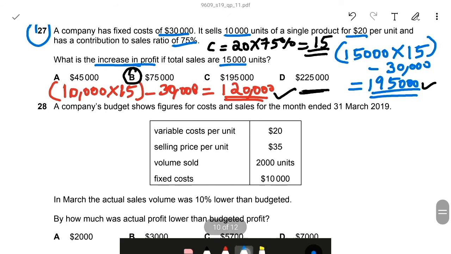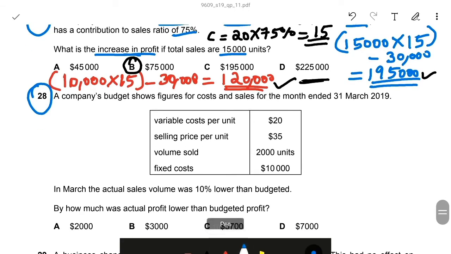Next question. 28. Question given. Variable cost, selling price, total volume sold, fixed cost. In March, actual sales volume was 10% lower than budgeted.